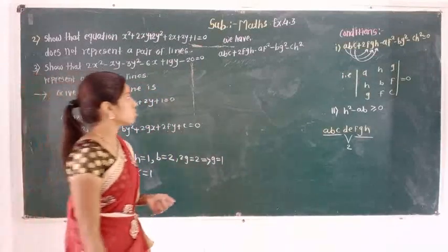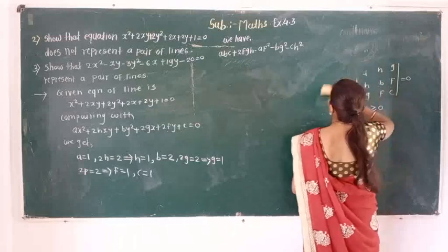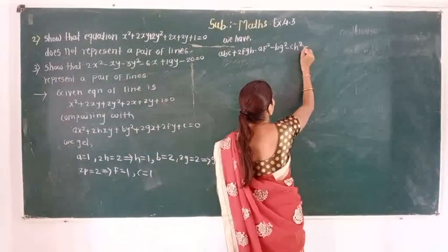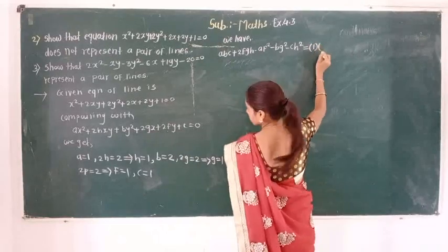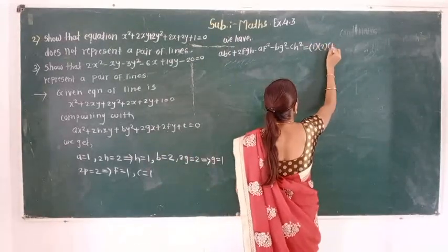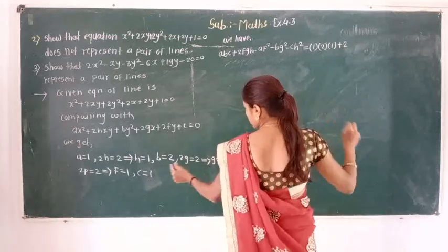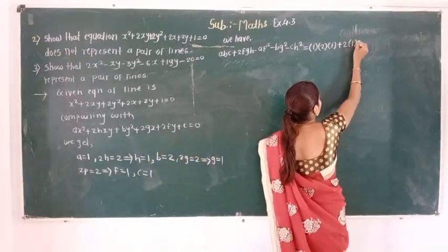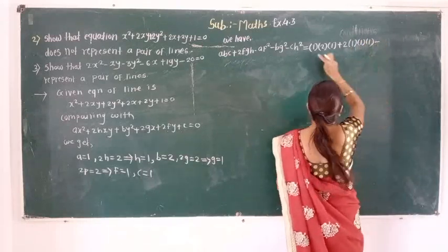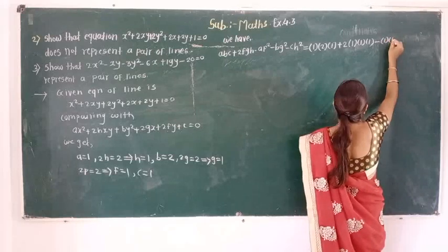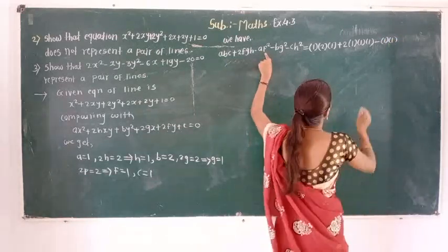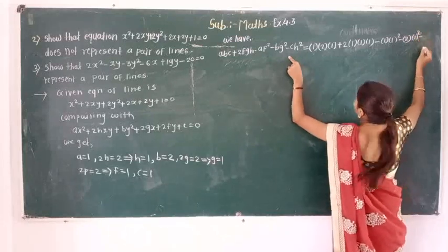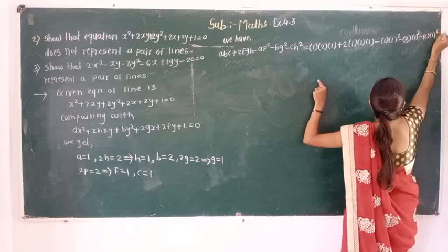Substituting the values: a is 1, b is 2 and c is 1, plus 2 times f is 1, g is 1 and h is 1, minus a is 1 into f is 1 square, minus b is 2 into g is 1 square, minus c is 1 into h is 1 square.